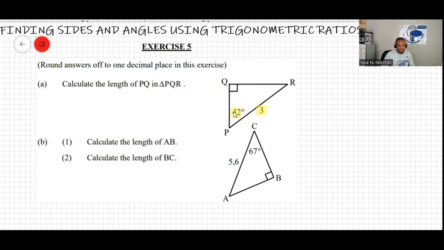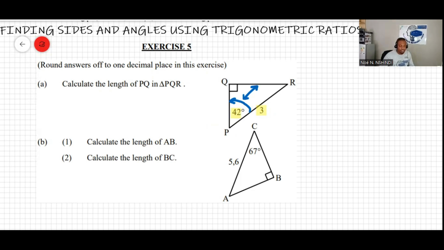How can I compare this angle and this side PQ? The 42 degrees angle here is adjacent to the side PQ. This side is adjacent to PQ, and it is opposite QR.